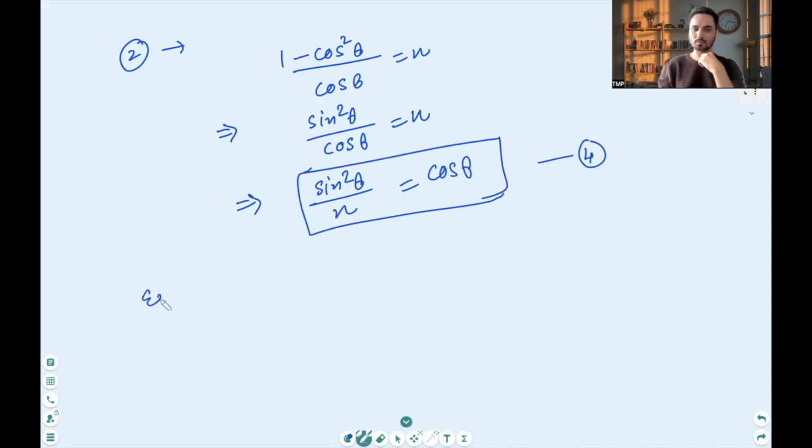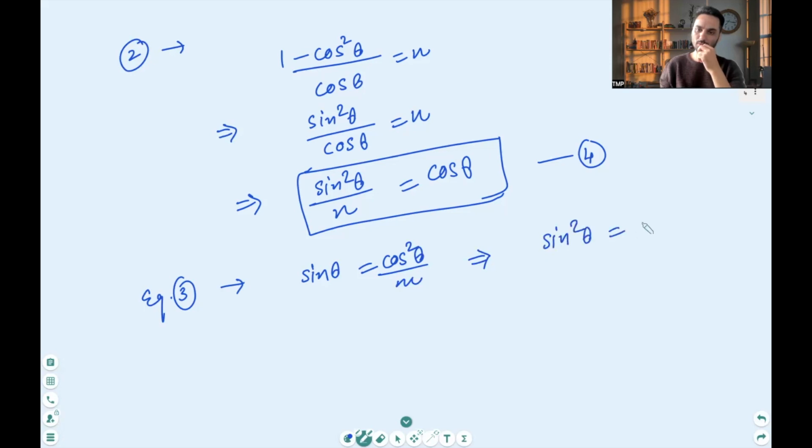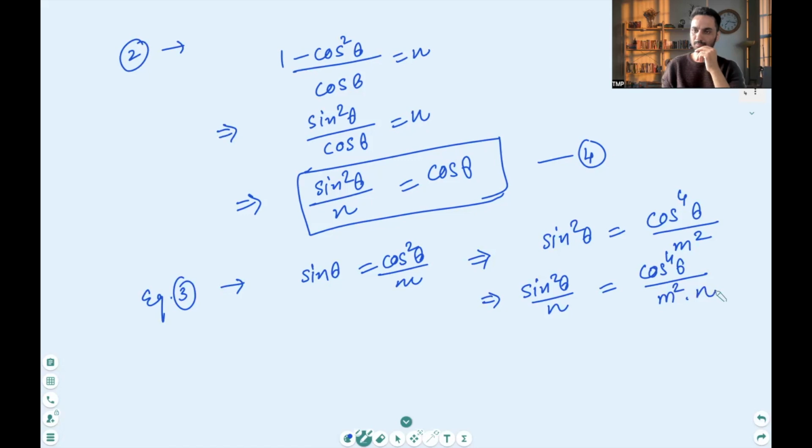From equation 3, we know that sin theta is equal to cos square theta over m. That means sin square theta will be equal to cos to the power 4 theta over m square. And if we divide by n on both sides, you will get sin square theta over n equals cos to the power 4 theta over m square n.